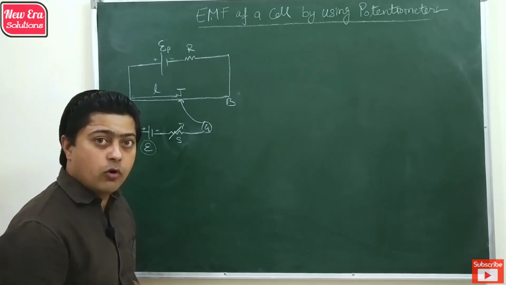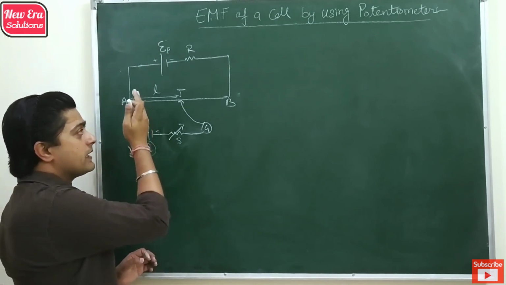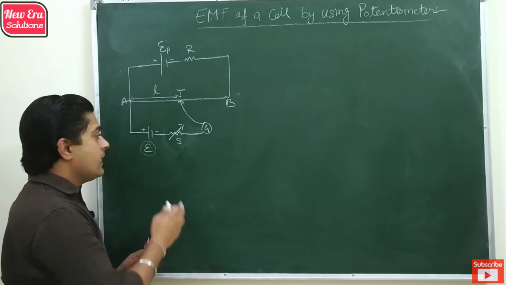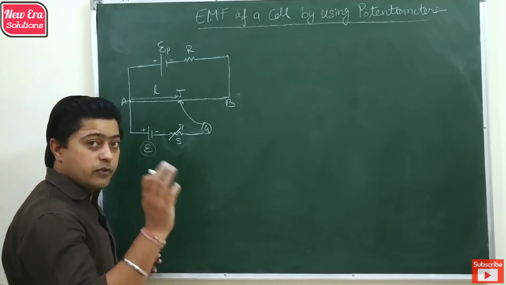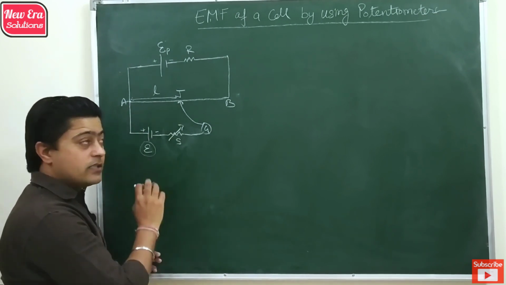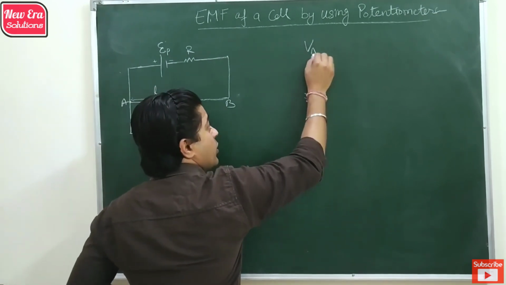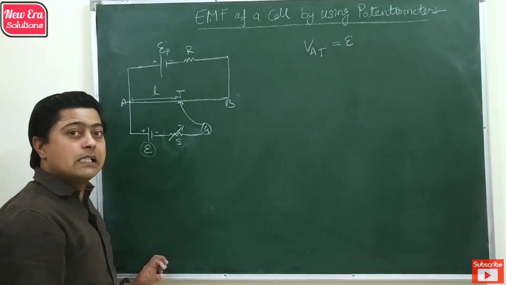So when we switch on and move the jockey J from A, let at point J the deflection in the galvanometer be 0, which shows that the potential across AJ is equal to the EMF of the unknown cell.